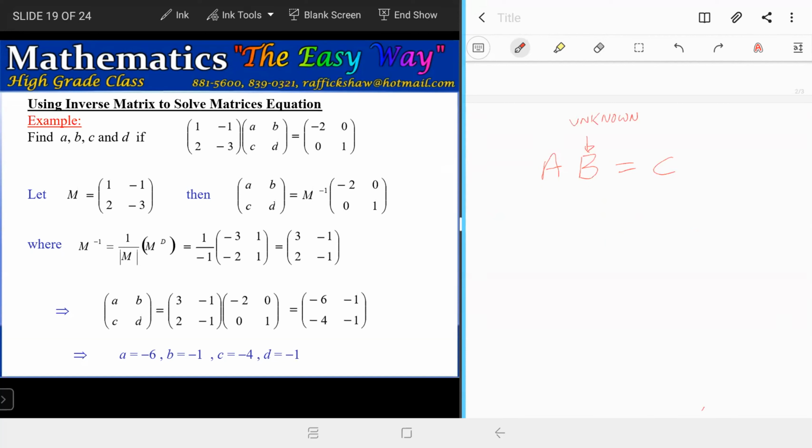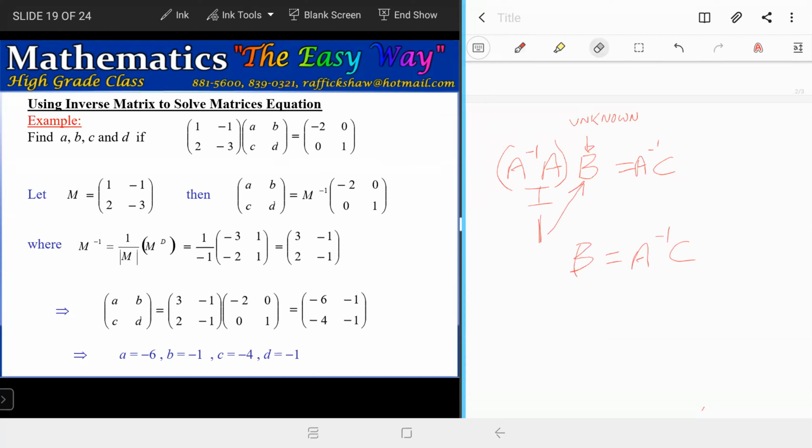Essentially, what we said is that you multiply both sides by A to the -1. But these two really equal the I matrix, where the I matrix is really like a 1. It's almost like you're saying 1 times B equals B. So the B becomes A to the -1 times C. That is what happens theoretically.